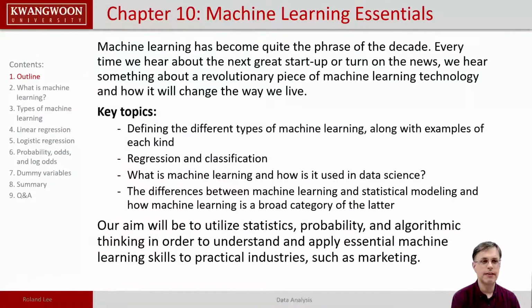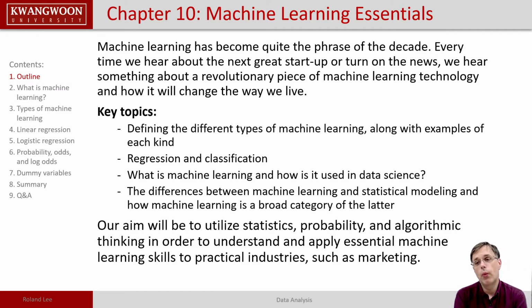So in this chapter, we start to talk about machine learning, the basics, and we define the different types of machine learning along with some samples, and then we talk about regression, classification, and even more.